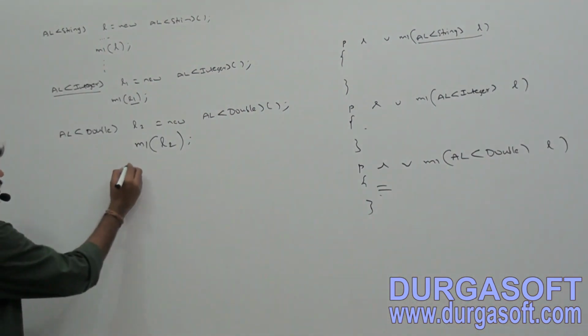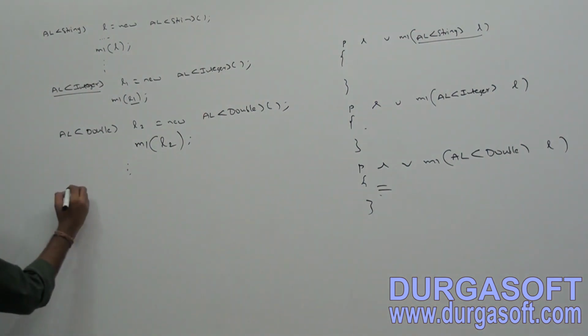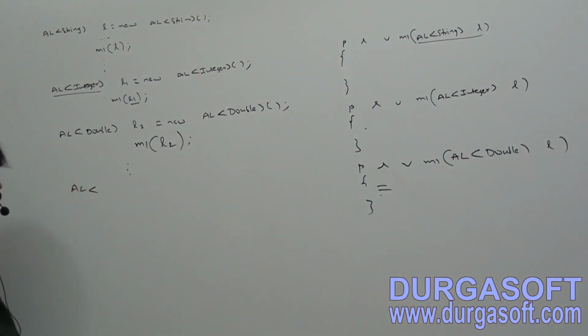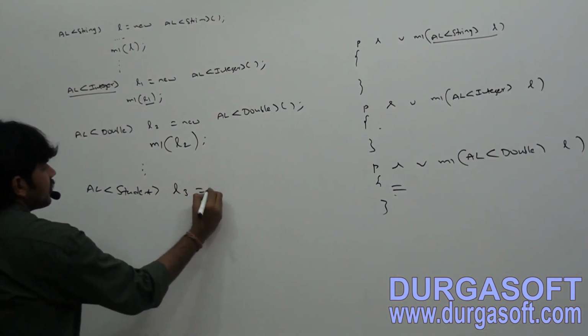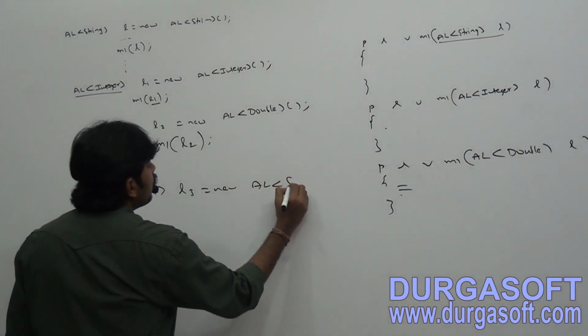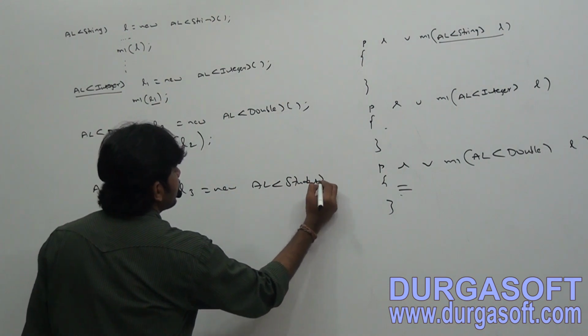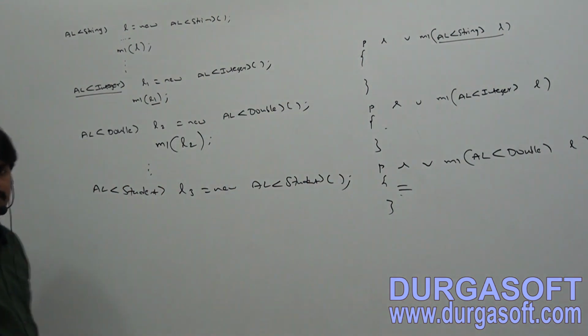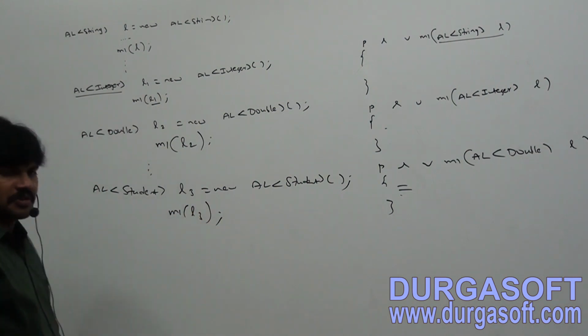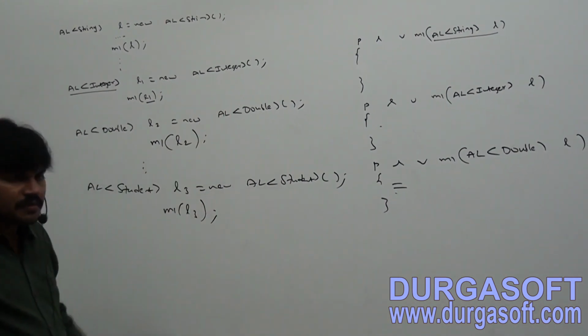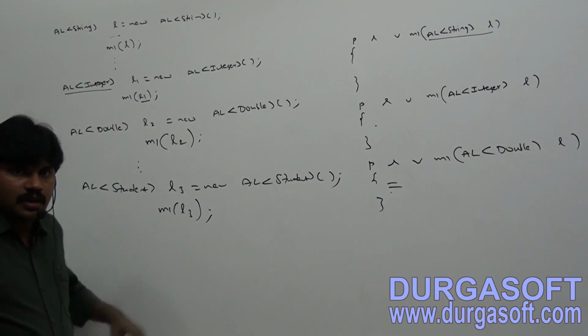After some time my requirement is ArrayList of Student. ArrayList of Student L3 is equal to new ArrayList of Student, and I call the m1 method by passing L3 as the argument. Can I use the first method?